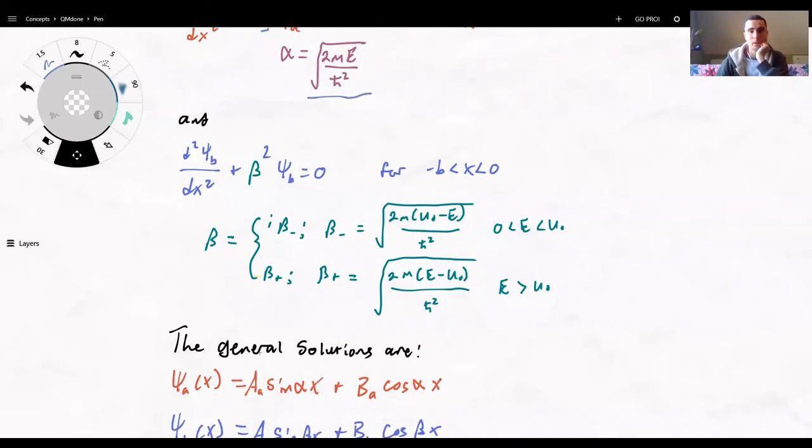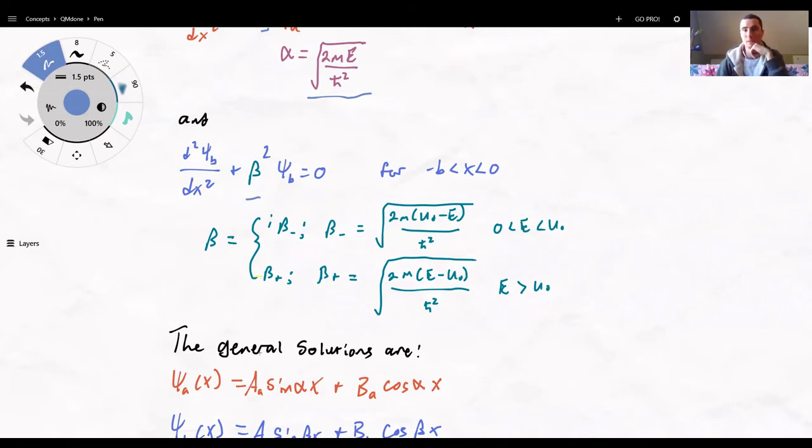Now, for B, the region where there is a potential energy, we're going to do this again. We're going to act sort of like it's a free particle. It's just got a fixed potential energy. And beta now gets a little complicated. So we just have this factor here.